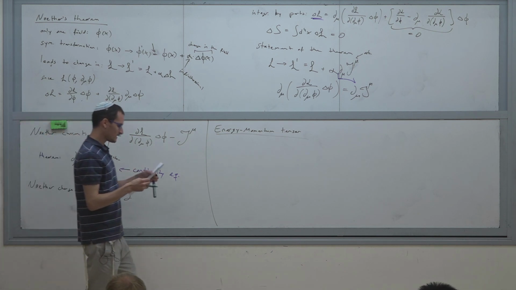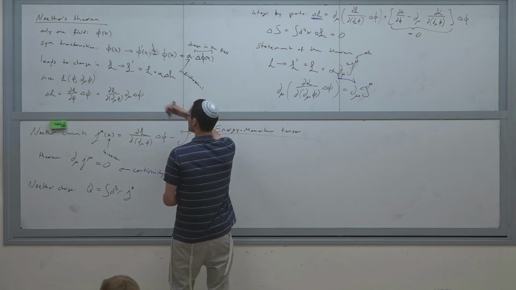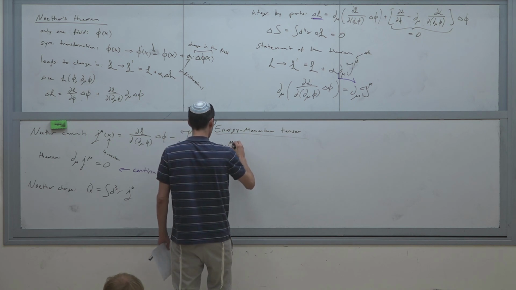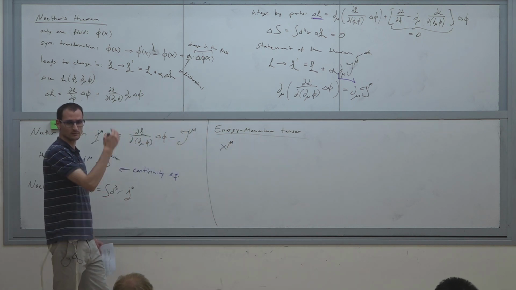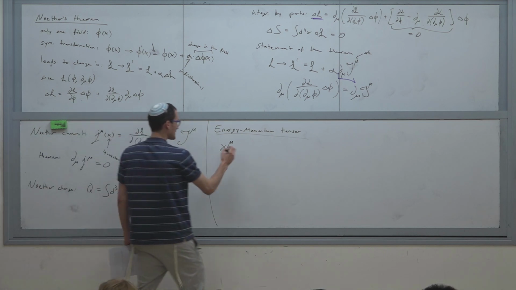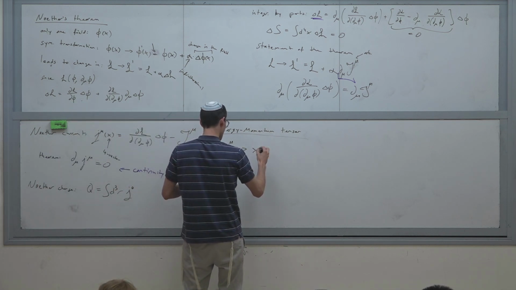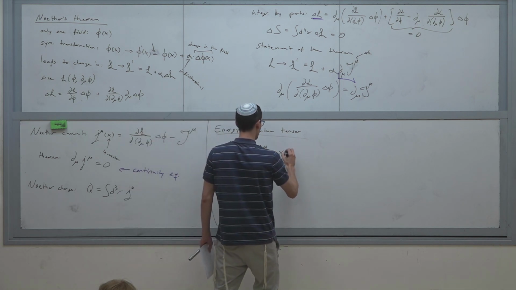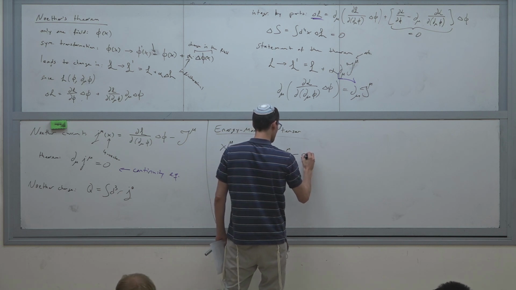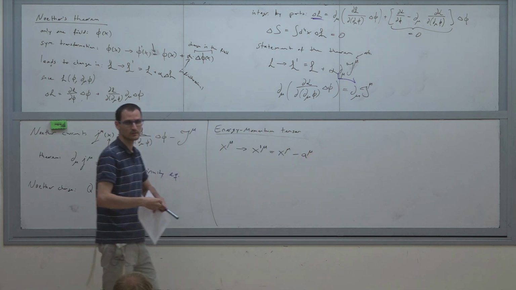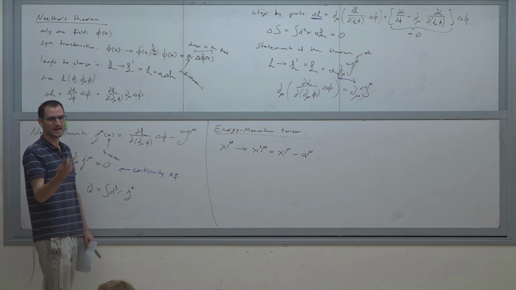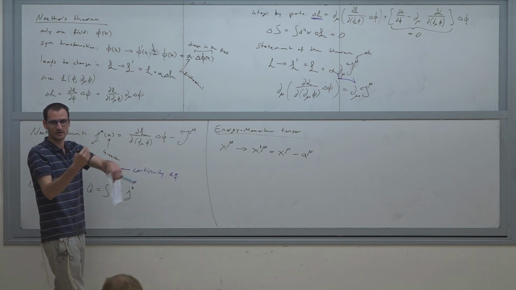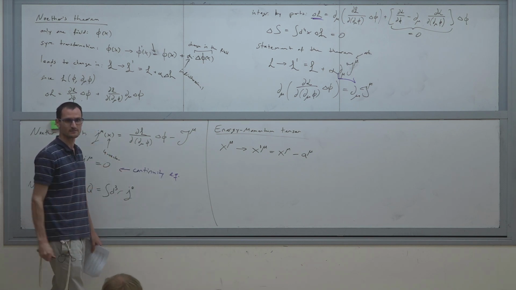So the translation, the deformation of the fields, or the symmetry transformation that we're looking at, is taking the coordinates x mu, so time, x, y, and z, and turning them into x prime mu, a new coordinate, which is equal to the original coordinate x mu plus or minus a mu. And a is a constant, or it's 4 constants. We're shifting in time, in x, in y, and in z. We're not rotating, we're moving in time, moving in x, moving in y, moving in z, in a straight line through space-time.